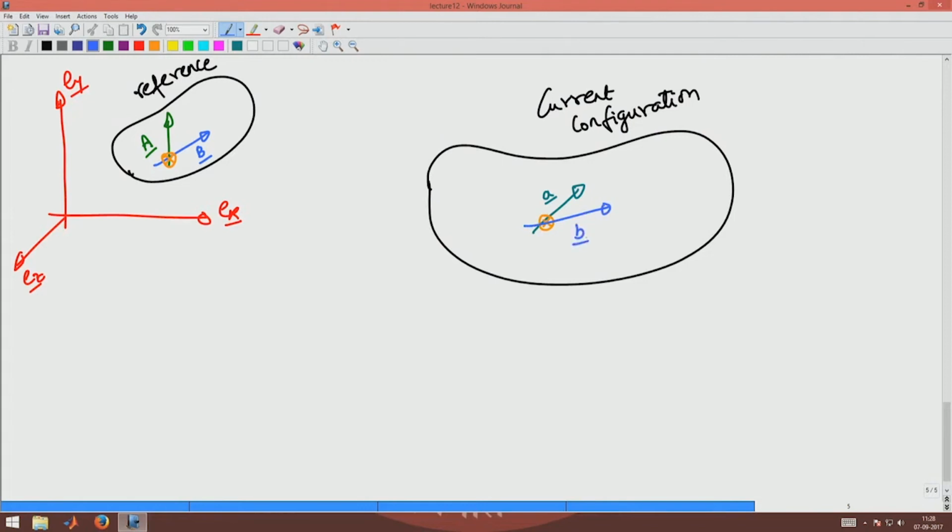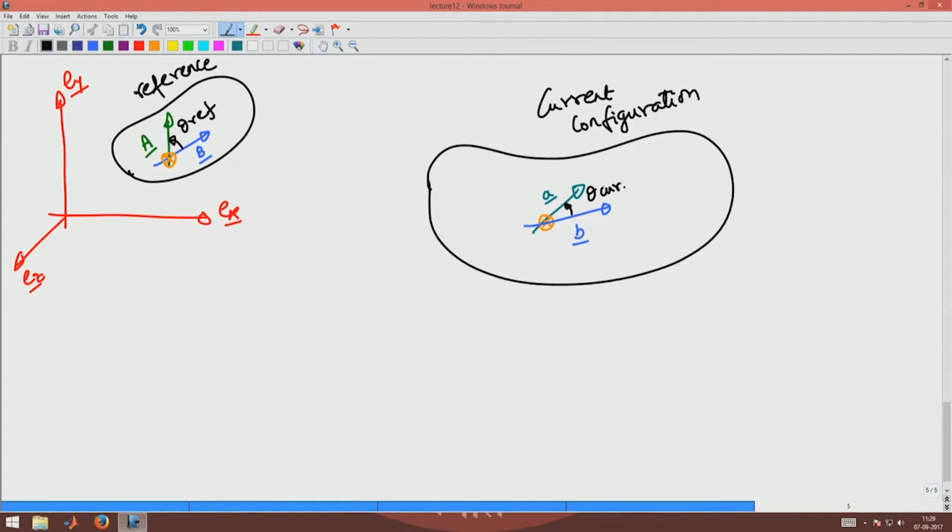Okay. Now, let us say initially the angle measured from A to B is theta ref, and the angle measured from B to A in the current configuration is theta current. Here I measure the angle from B to A, here also I measure the angle from B to A, here the angle is theta ref and here the angle is theta current.